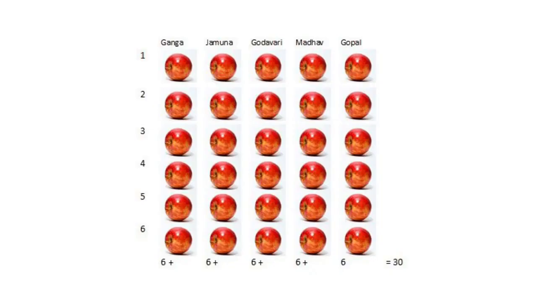Now, you can visualize the multiplication process in the example that I have just given in the figure shown on the screen. 6 apples per child multiplied by 5 children gives us 30 apples.